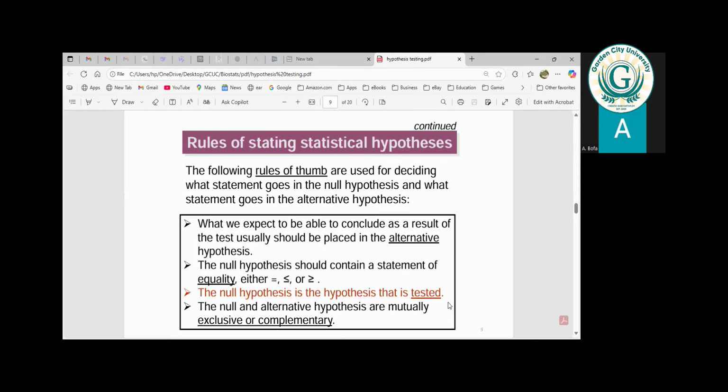I would even want you to state it in sentence form as you just practiced. But you can still use the mathematical notation by making good use of the equal sign, less than or equal to, greater than or equal to symbols, and then you are good to go. I place it there just for your vision so that you know that this is available. And so if you are reading and you meet it, it will not be a problem.